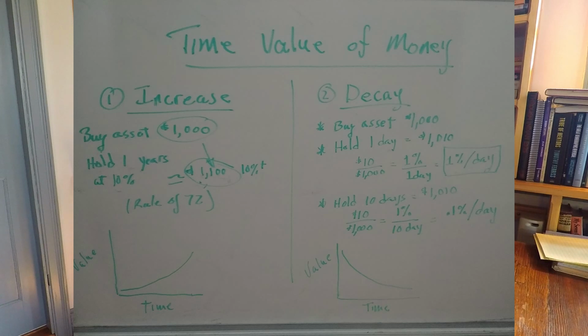However, if you had to hold that for 10 days and made the same $10, then the value of that decayed such that 1% divided by 10 days is 0.1% per day. And so you're looking at a decaying value of that asset over time.